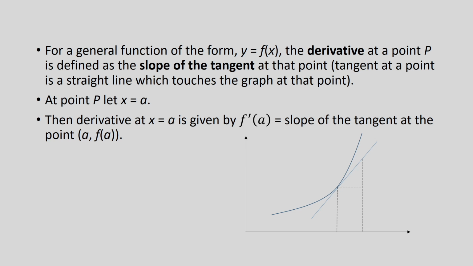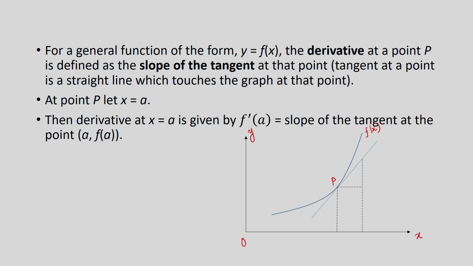Suppose you have this function which is given in the diagram here, and here is that function f(x), and here is the point P. Now, we want to find out the derivative at point P. We basically draw a tangent to the graph at that point P, and then we say that the derivative of the function at point P is the slope of the tangent.